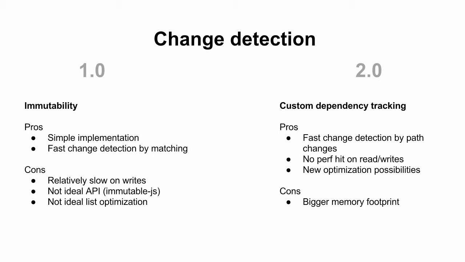The problem with immutability, though, is that JavaScript doesn't have immutability. And there are many different implementations of immutability, and all of them are relatively slow, especially if you have like 1,000 items and you want to put that into an immutable list, for example. It's actually quite slow.